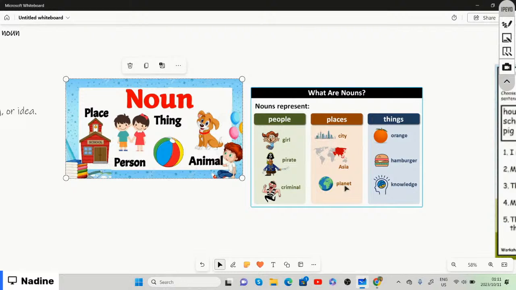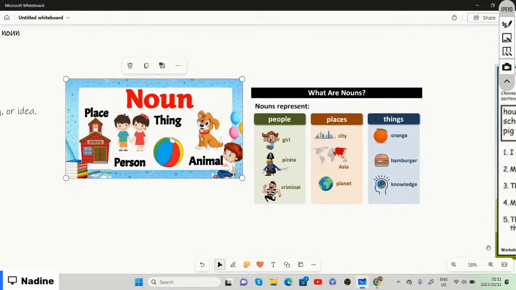Then nouns also represent places. It can be the city, the continent, the planet, the beach, or the park. And nouns also represent things.